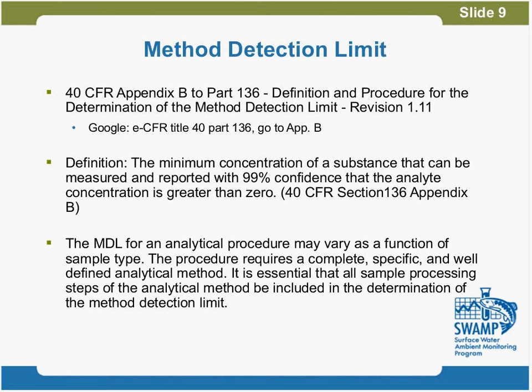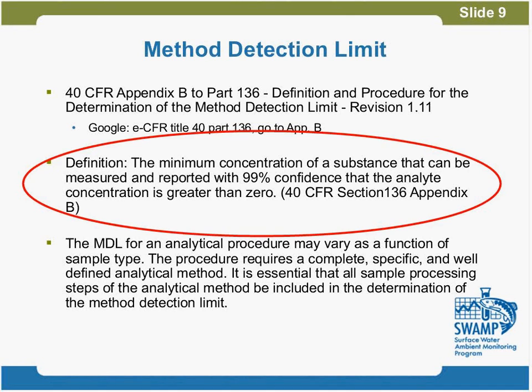Those slides with a lot of text, I'm not going to go into. But I want you to know about the MDL, the method detection limit, is that this is one of the quantitation limits where we actually have a U.S. EPA definition. The definition for method detection limit is actually in the Federal Register.